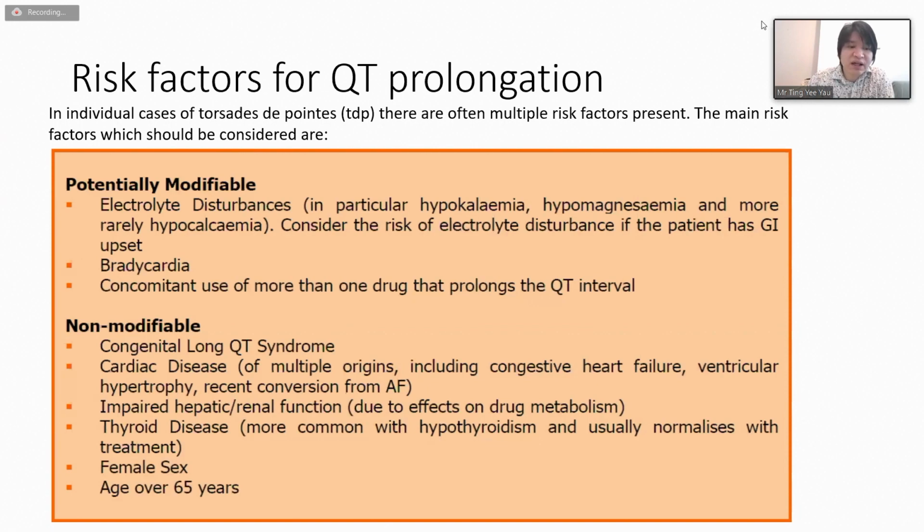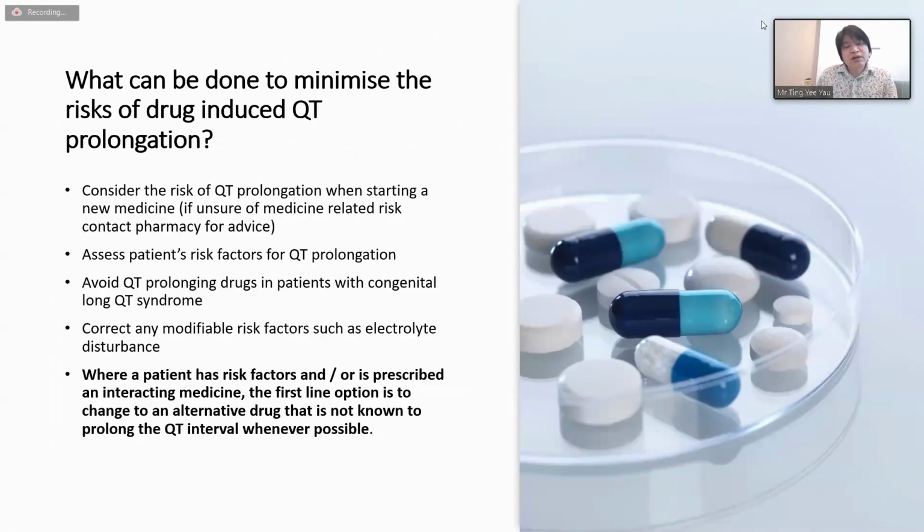However, there are some underlying conditions in the patient that we cannot modify, including the underlying cardiac condition and thyroid disease. So what can be done to minimize the risk of QT prolongation? Consider the risk when starting a new medication. That's quite often when we initiate a quinolone for our patient with a deep-seated infection.